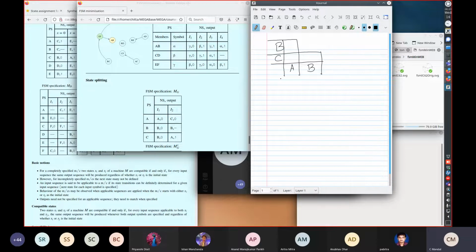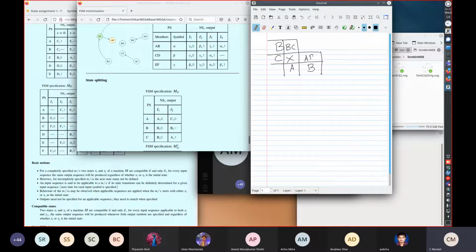So what about A and B? AB depends on AB and it also depends on BC, right? AB depends on BC. What about AC? AC is clearly incompatible. And what about BC? Well, BC depends on AB.